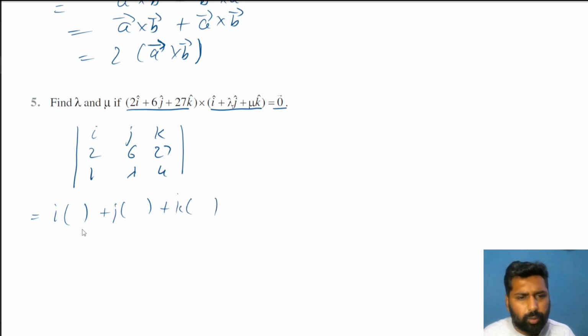Now the vector is 0, so this component should be 0, this component should be 0, this component should also be 0, and you can get the values of lambda and mu accordingly. That's a lengthy approach. Let's look at a short one.